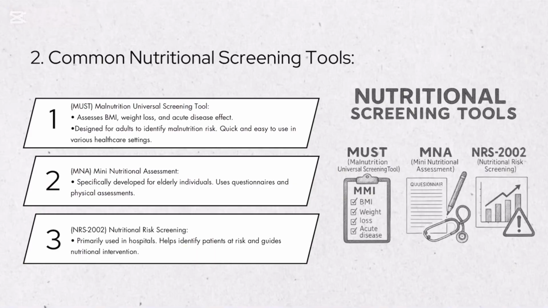It's primarily used in hospitalized patients and is recommended by international nutrition societies. It helps identify patients who are already malnourished or at risk, and it guides healthcare professionals in planning appropriate nutritional intervention. As nurses, knowing how to use this tool allows us to detect malnutrition early, monitor changes, and contribute actively to improving patient outcomes.